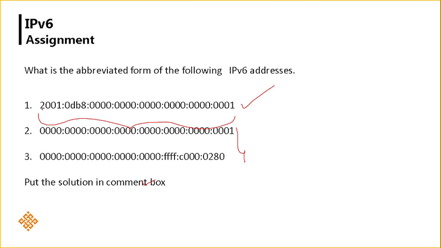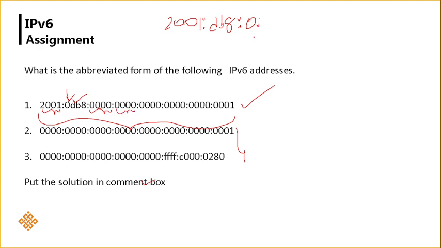For example, as I told you, 2001. There is no simplification here. Directly you can write it as it is. Then 0DB8. I will omit the first 0 because the leading zeros can be omitted. DB8, colon. Here there are continuous 4 zeros, so I will write only 1 zero here, colon.